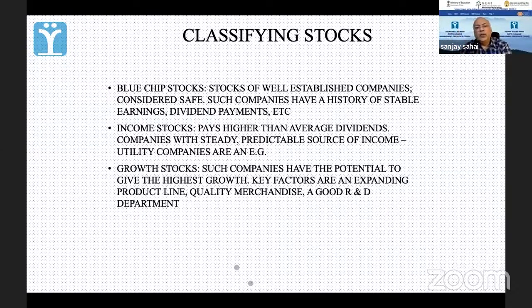Similarly, when we say growth stocks, what we are saying is that there is something that this company has which is going to help it to become much, much bigger in the future. Its sales are going to increase. As a result of that, its profits will increase. It will do well, therefore its share prices will rise. So these are stocks which can give me a good return in the future.